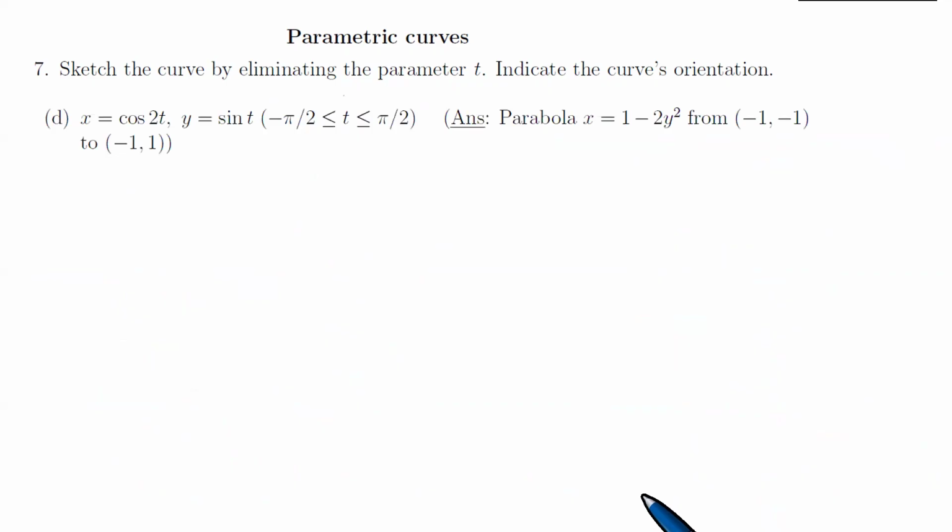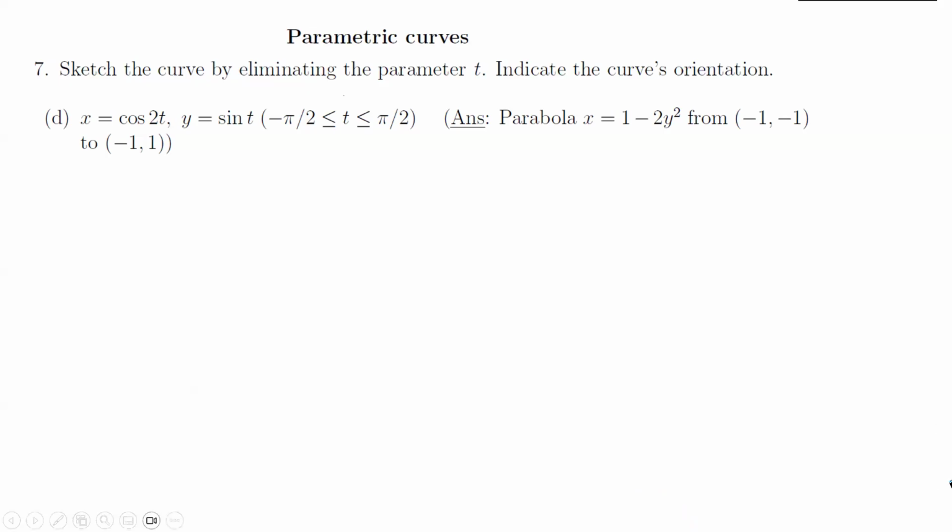Okay, let us look at 7 right now. Sketch the curve by eliminating the parameter t, indicate the curve's orientation. Same thing. So you'll have to look at what happens in this case.